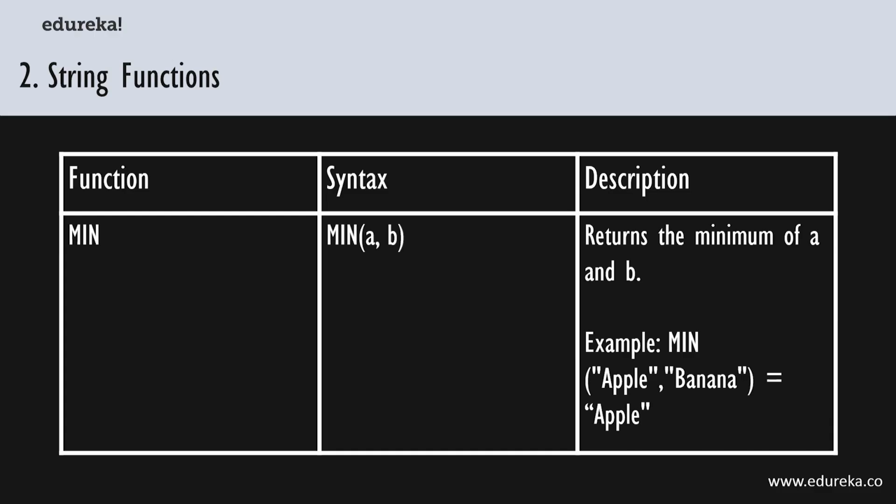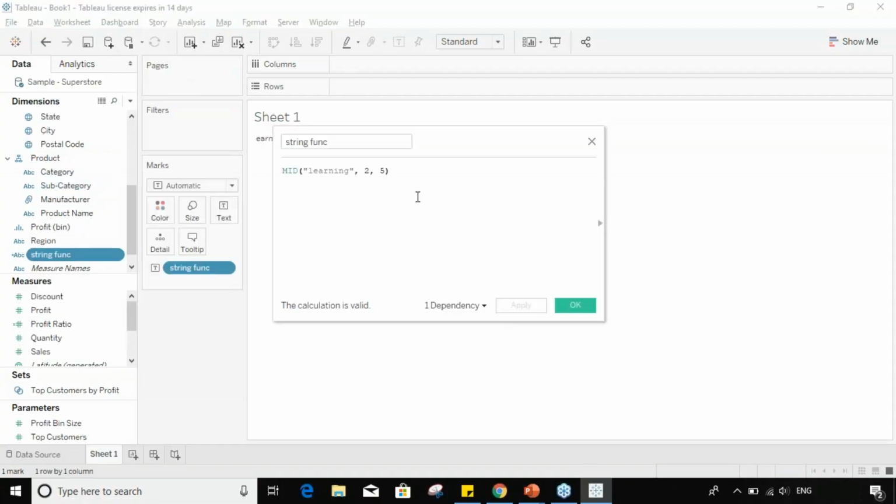Next we have min, which is the counterpart of max. It basically reverses what we got in max. It's going to give you the string with the minimum number of characters. So we're going to do the same thing, apples and bananas. You can also put in a field in here and it'll give you the least value from that certain field.